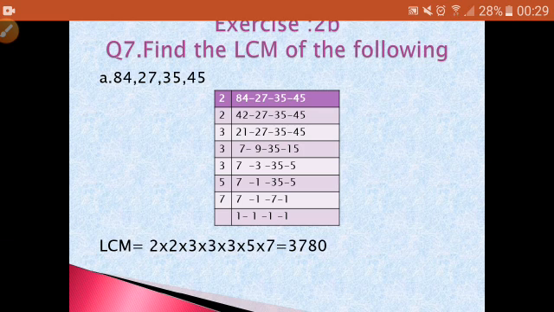So let's multiply these: 2 times 2 times 3, then 3, then 3, 5, and then 7. So the answer is 3780. When we multiply all these numbers, we get 3780. So this is your LCM. I know in your book it's written as one that is the HCF calculated only. By mistake it's done. So now you can correct your question.